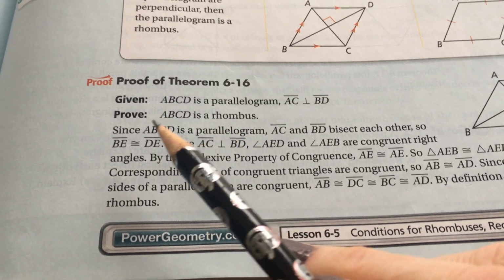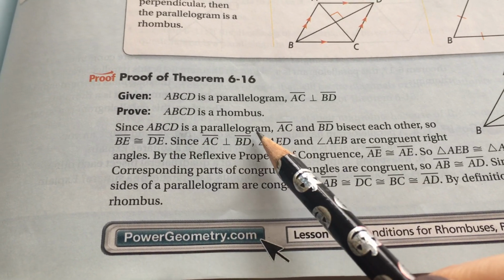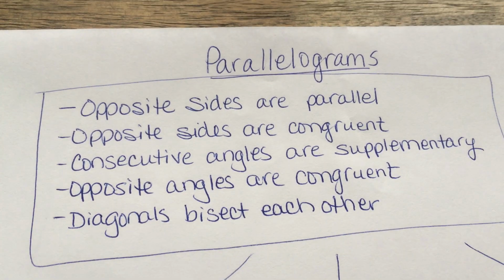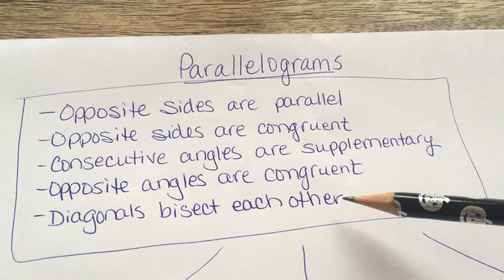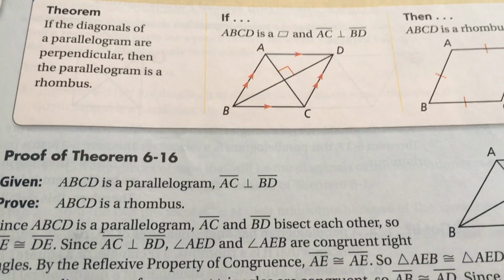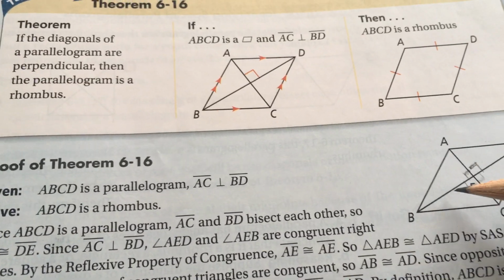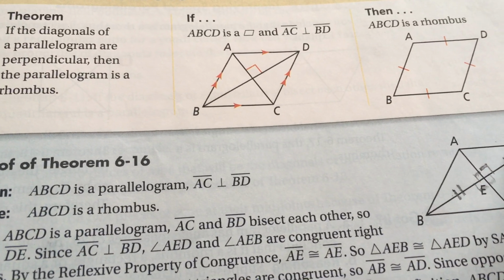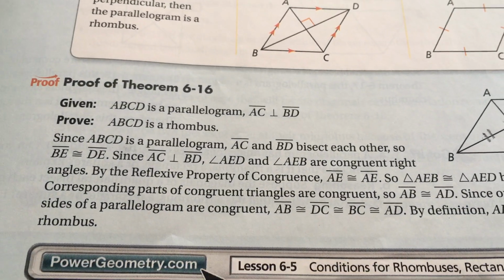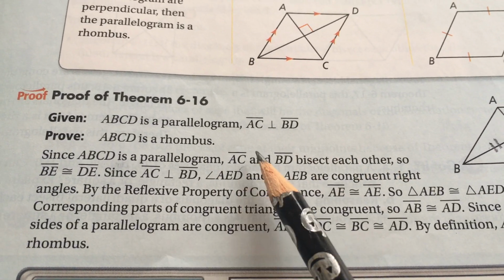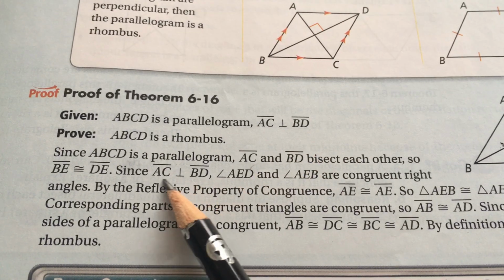So, since ABCD is a parallelogram, by definition, we know in the list of these 5 things that parallelograms' diagonals bisect each other. So go back to this. If their diagonals bisect each other, then BE will be congruent to DE by definition of bisect. They told us that AC was perpendicular to BD.